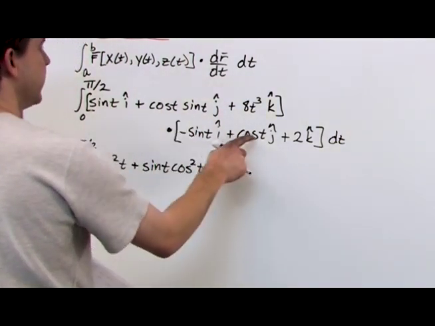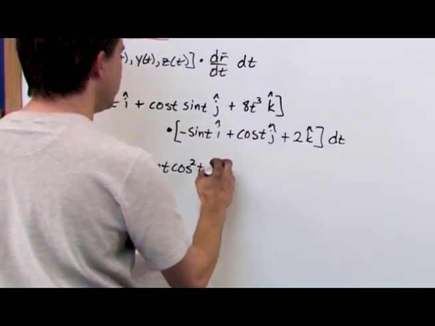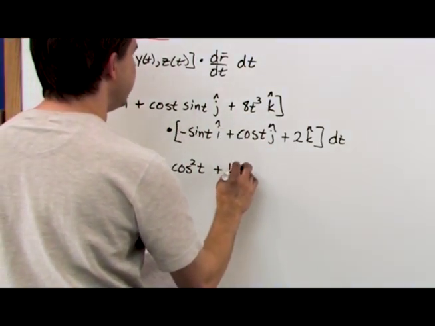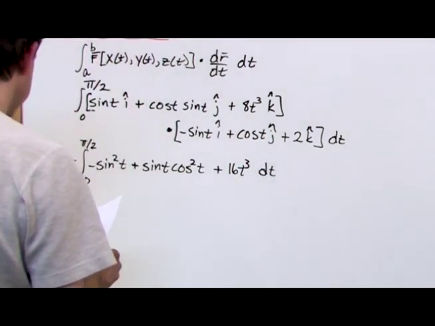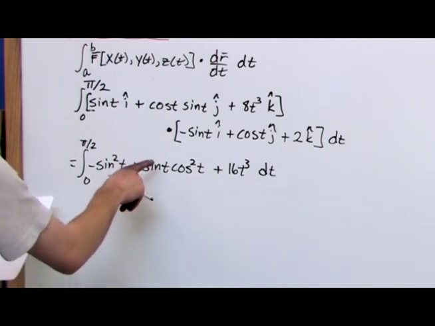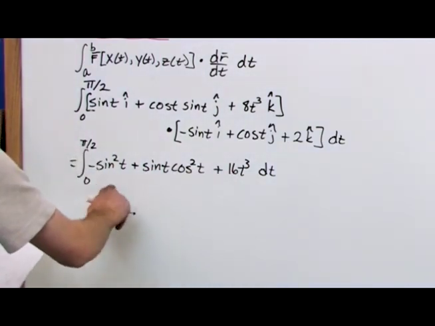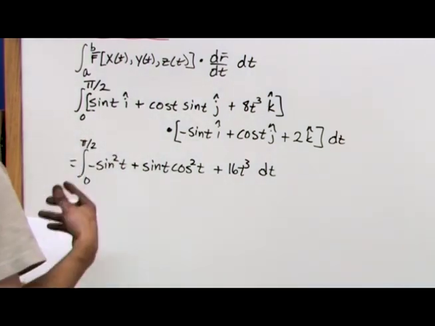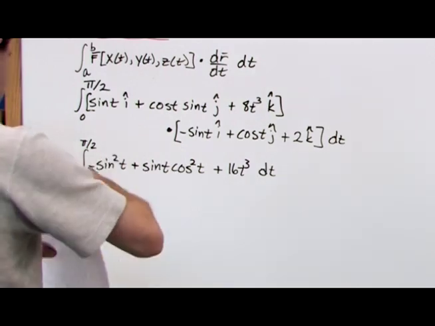And for the k components, you'll have 8 times 2 is 16t cubed, and that's all going to be dt. So everything's been converted: you have negative sine squared, sine times cosine squared, 16t cubed. Everything's in terms of t, so really all you have to do is integrate all this stuff and add up the answer.